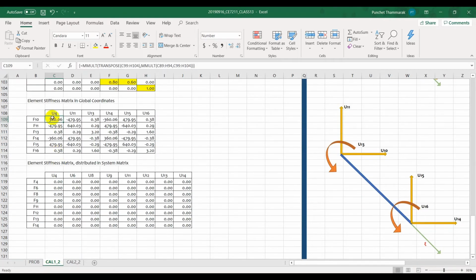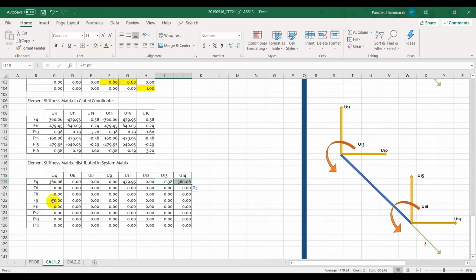So okay, F4, 11 and 13. So we can put it in here, F4, U4, and then U11. You have nothing to do with 12, and you have something with 13 rotation and 14 as a displacement.